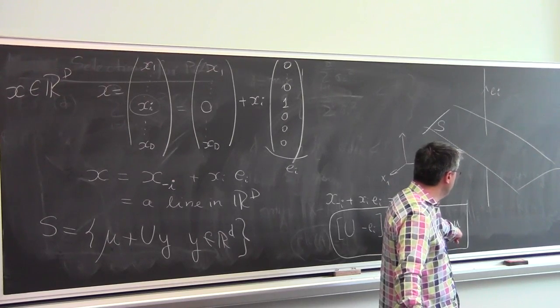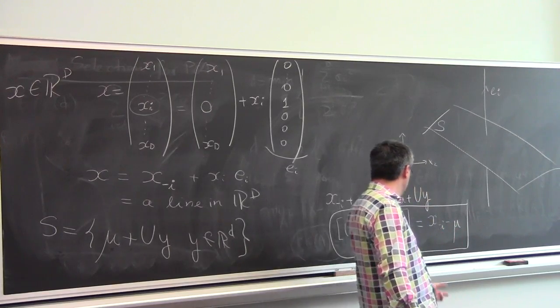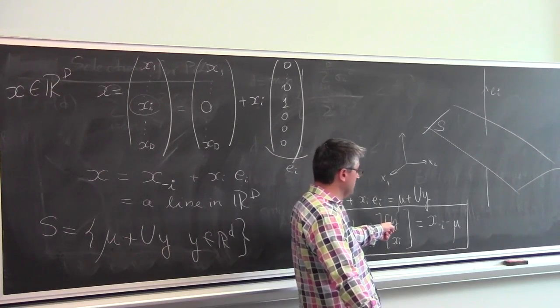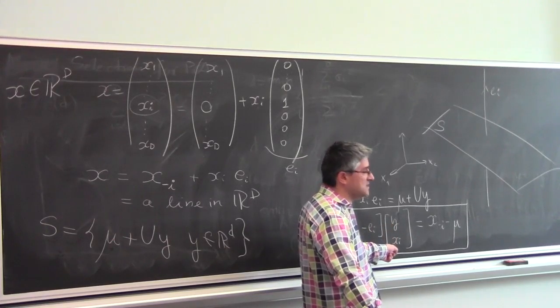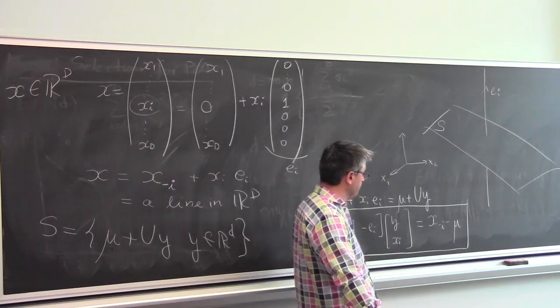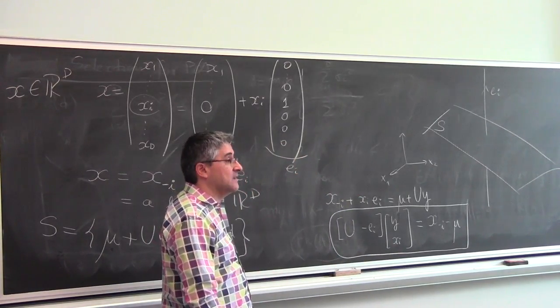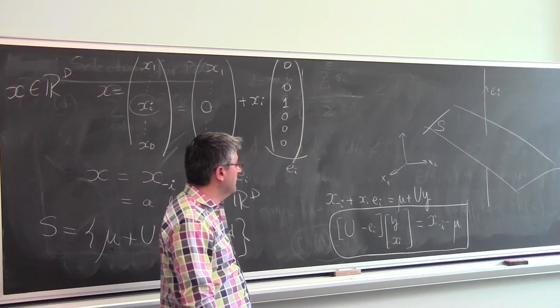And I know the mu, which is the point in the subspace. Okay, so this quantity is known, this quantity is known. So what is it that I don't know? I don't know the low dimensional coordinates, the projection of the point on the subspace, and I don't know the missing entry that was not given to me. Okay. So can I compute y and x sub I?